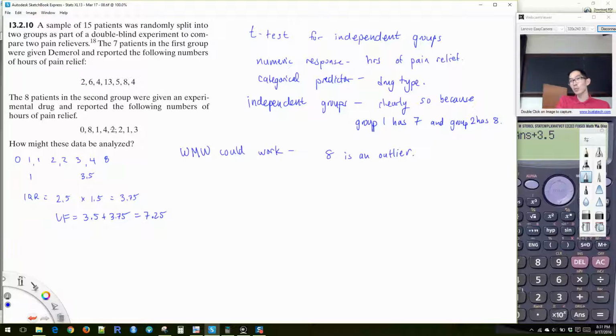That argument could be made, and then a Wilcoxon Mann-Whitney test would be appropriate. Anyway, that's what we have. Okay, so Wilcoxon Mann-Whitney could work. 8 is an outlier. So if you want to be safe, you can use the Wilcoxon Mann-Whitney test.